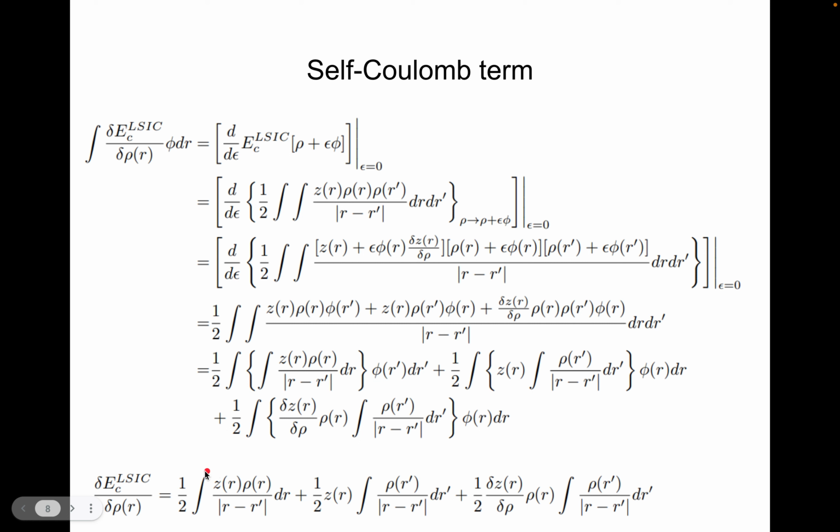So for convenience, we will refer to this term as the scaled Coulomb term in the scope of this talk. The second term is the scaling factor multiplied with the Coulomb potential. The third term is the variation of the scaling factor times the Coulomb energy densities. And you get those three terms.